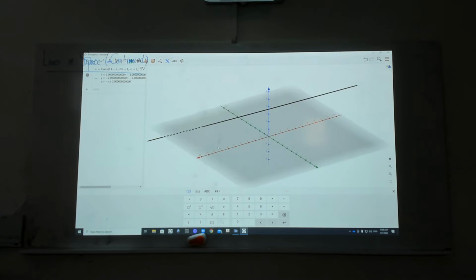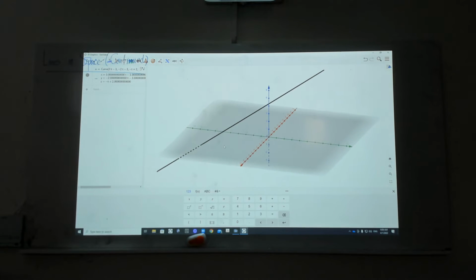So let me just see that this red is the x-axis, the green is the y-axis, and the blue is the z-axis. Okay? How did I understand that the red is the x-axis? It's not labeled, but probably I can ask GeoGebra to label it. But how do you know that I understood that x is the red axis? Because of the right hand rule.